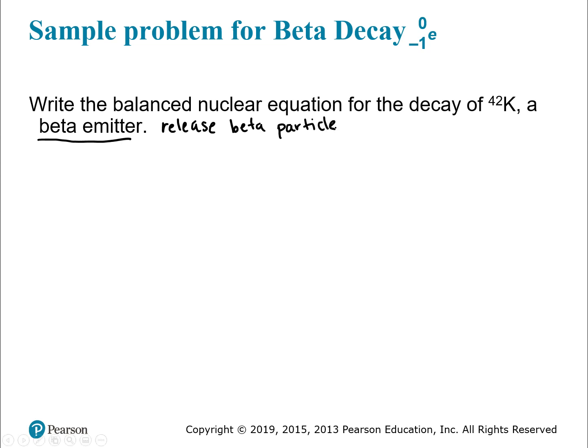And you need to know what a beta particle looks like. That's a beta particle. So far, the information that we're given in the problem, we know that we're going to make some new element when we release this beta particle.